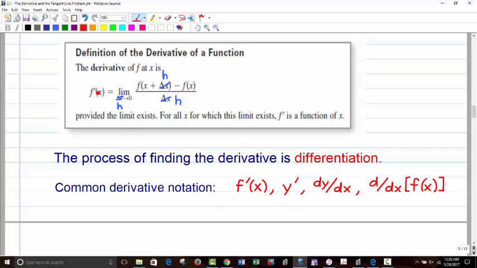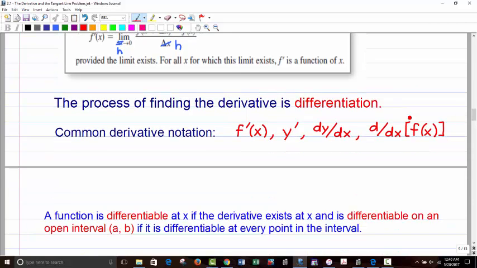If the function's defined as y equals, you can use y prime. dy dx means the derivative of y with respect to x, meaning your variable is x. And then just d dx of whatever your function is. That's also acceptable. So those are all just different notations of accomplishing the same goal here.